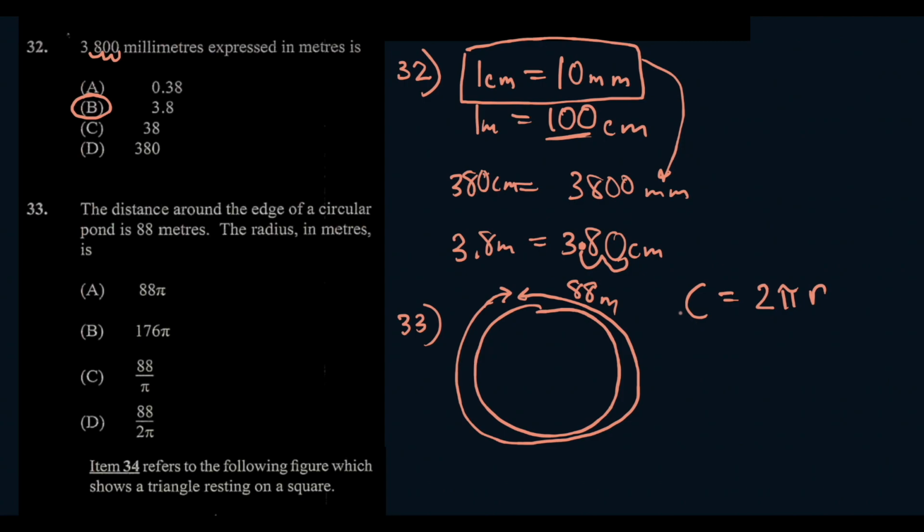So in other words, the total distance around, in our case 88, we can substitute the circumference for 88, which is equal to 2 times pi times r. To figure out the expression for the radius, we just divide both sides by 2 pi. So we will be left with r is equal to 88 over 2 pi. So our answer would be this.